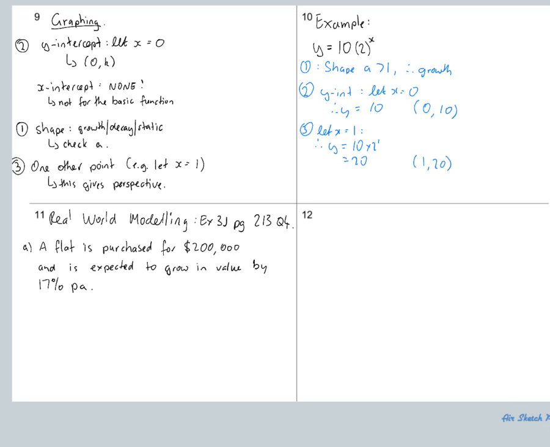I think I'll just do the graph in that little bit of space off to the side, because I don't want to waste too much room there. It's a growth graph, so I'll put my axes over here.